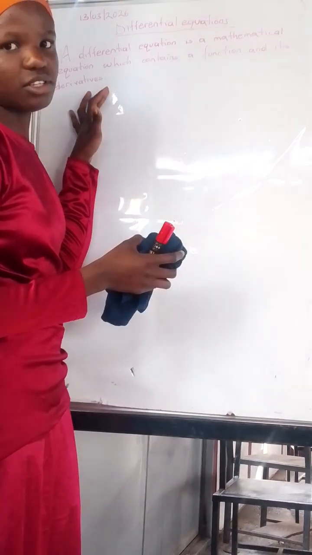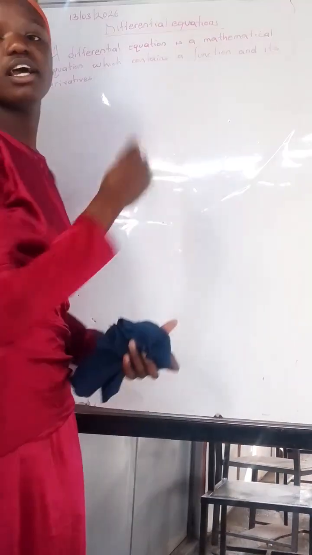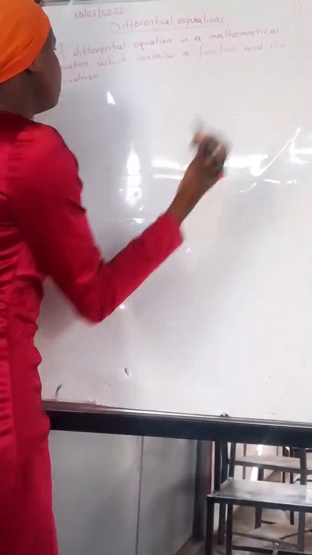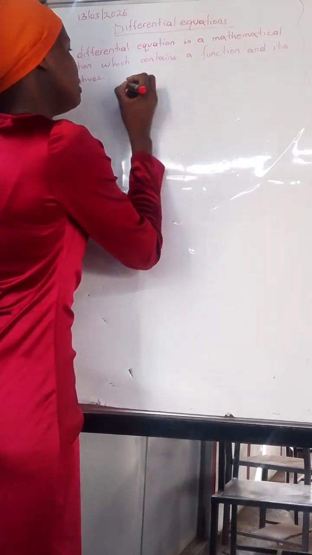What is a derivative? It is the equation that you get after differentiating a function. We have orders of differential equations.